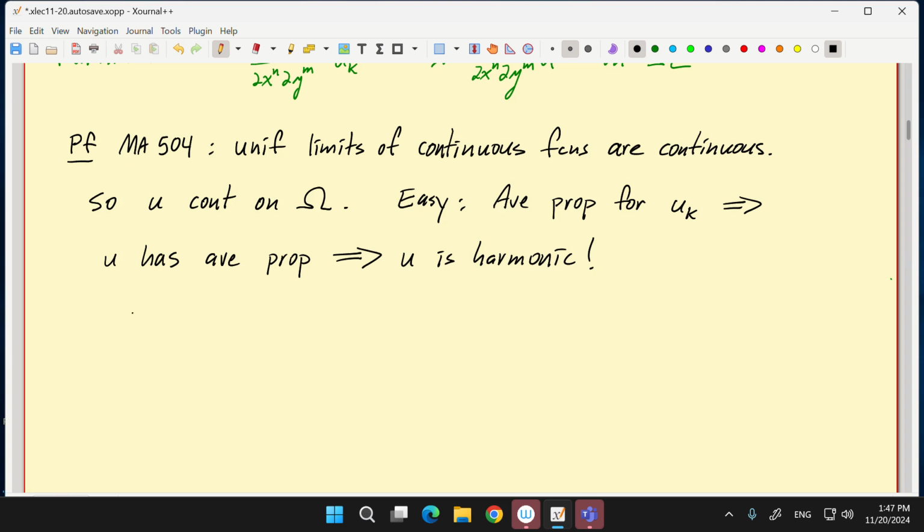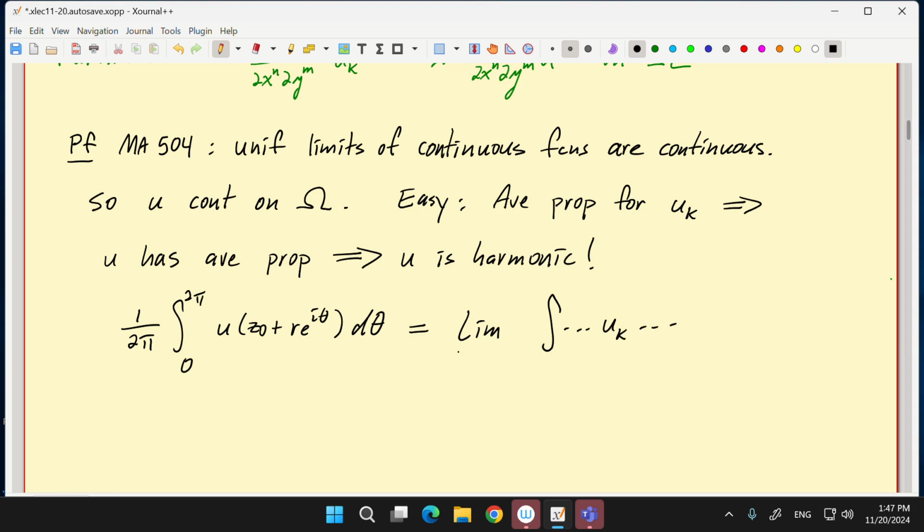And of course it's by uniform convergence. So the integral from 0 to 2 pi of u(z_0 + r e^(i theta)) d theta would be equal to the limit of the same integral with the u_k there as k goes to infinity. The circle of radius r about z_0 is a compact set, and we have uniform convergence on that compact set.